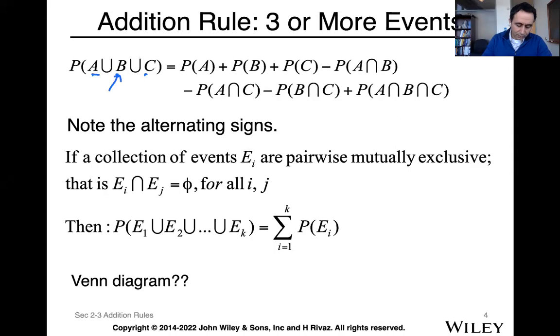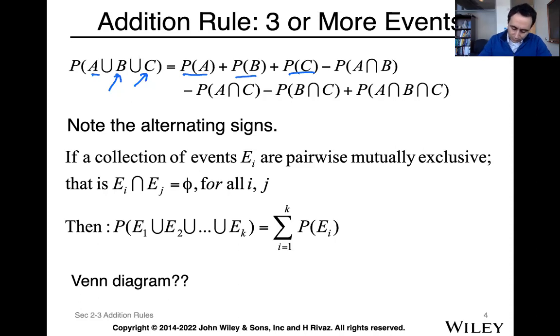Set B can be the card is an ace, and set C could be that the card is a king, right? So to calculate the probability of the union, we add the individual probabilities, but similar to two sets, here what happens is that we count some outcomes multiple times.